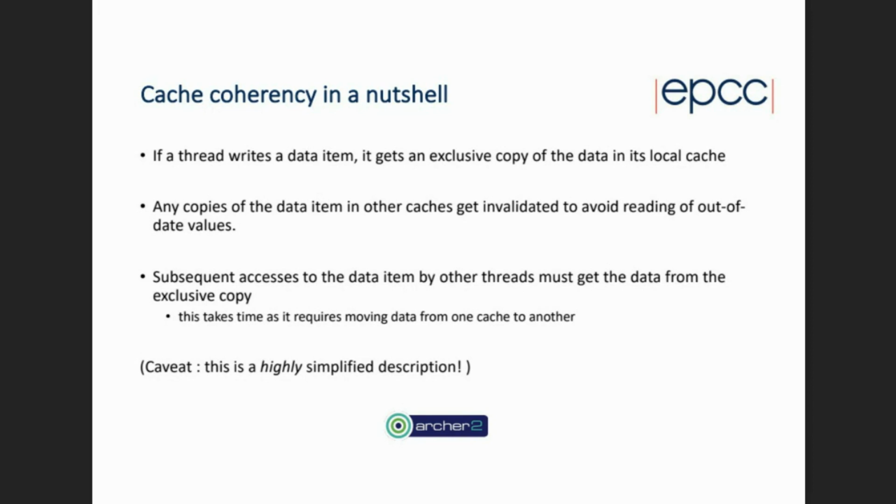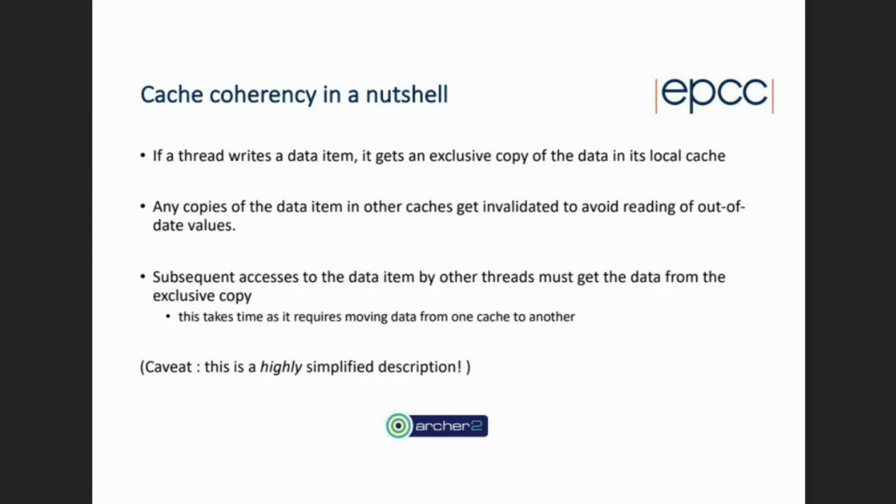Okay. So then, if those other threads running on other cores try to read or write that data item, they have to communicate with the cache that has the exclusive copy in order to get the most recent version. And this takes time because it requires moving data from one cache to another in the system.